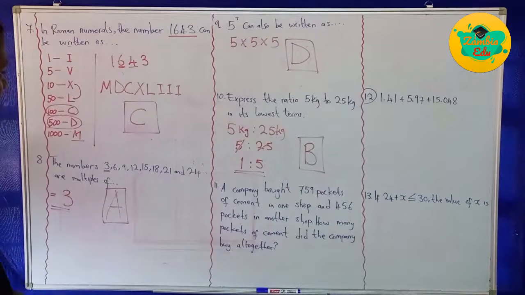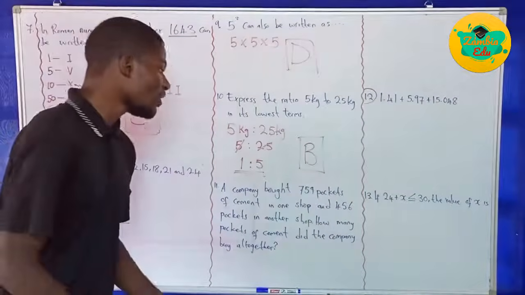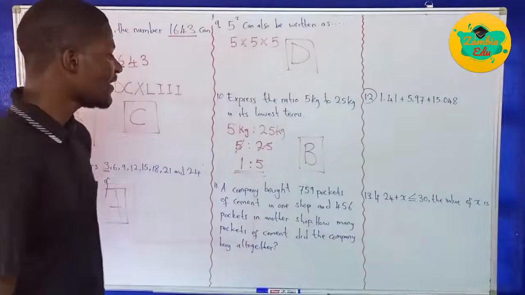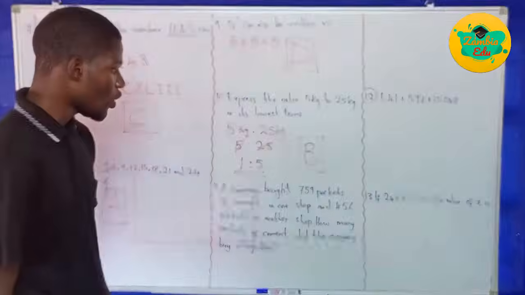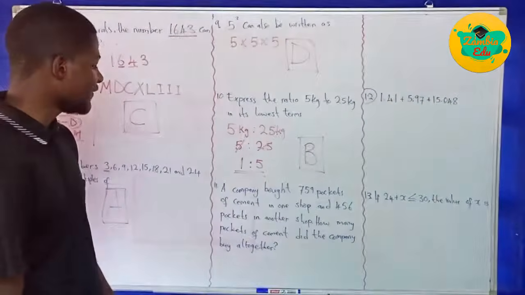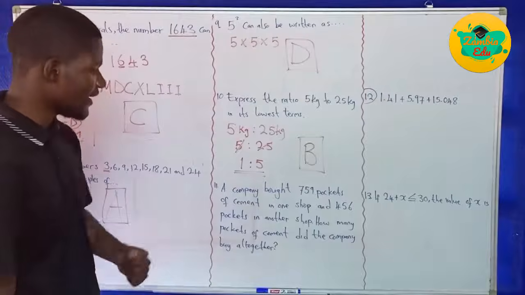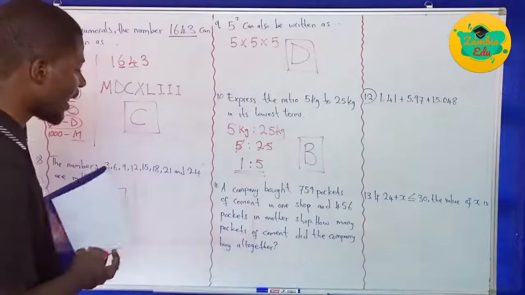We go to our 11th question. Question 11 says, a company bought 759 pockets of cement in one shop and 456 pockets in another shop. How many pockets of cement did the company buy altogether?